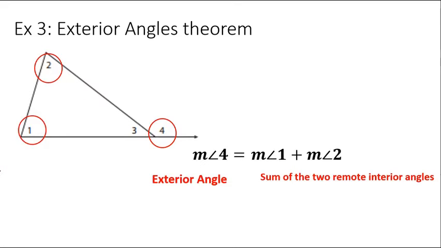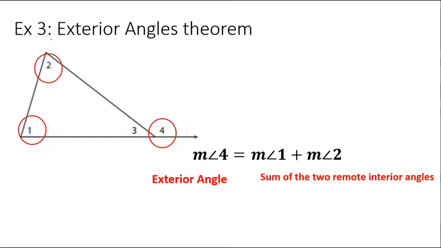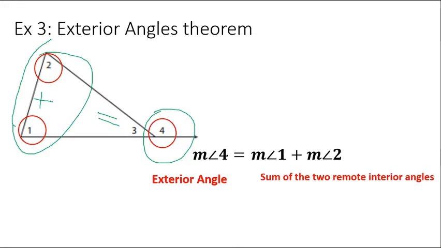So essentially we're taking these 2 and adding them together, and that equals this angle. Okay, so the outside angle is the same measure as the 2 angles on the opposite end of the triangle.